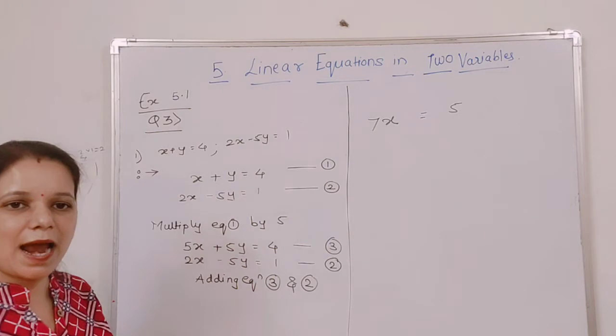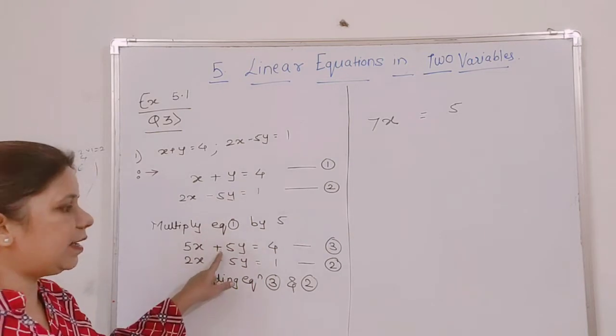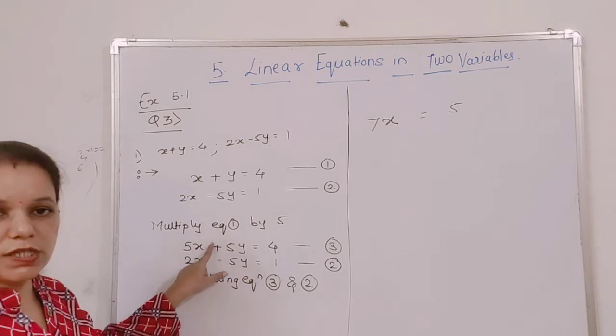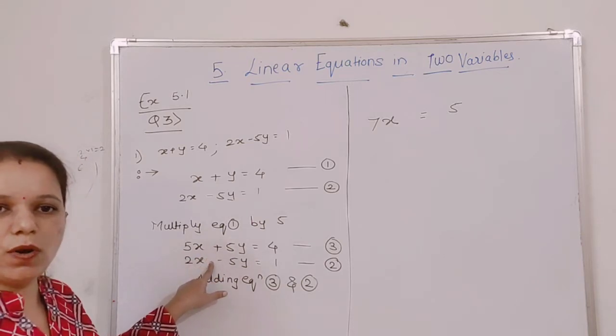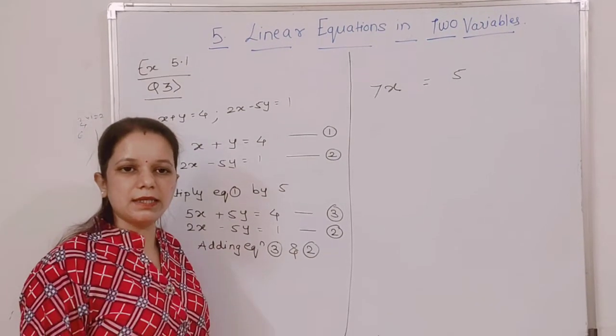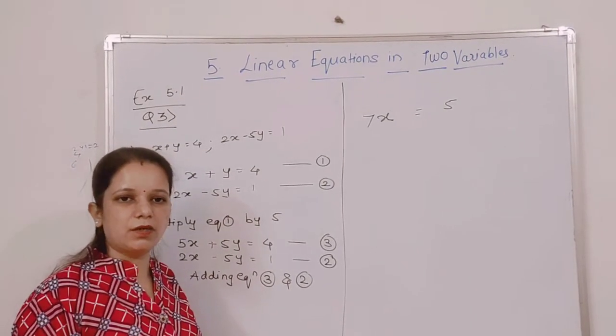So after adding equations 3 and 2, since they have opposite signs, we are going to add them. Whenever you have opposite signs, you are going to add the equations.